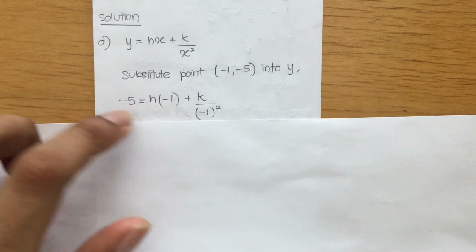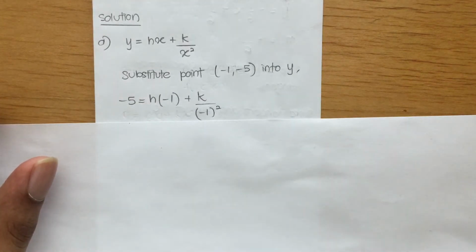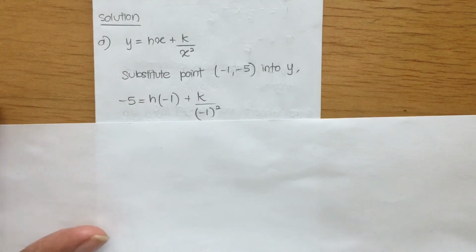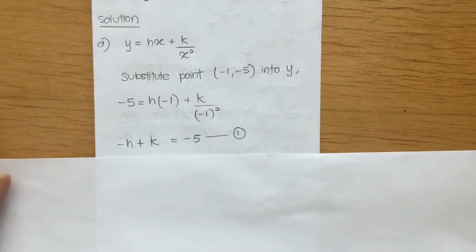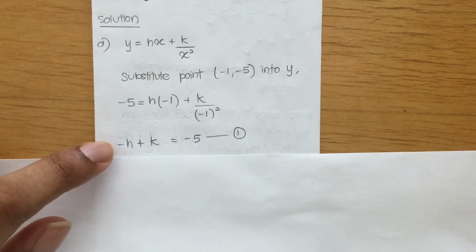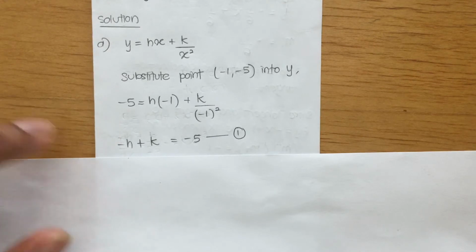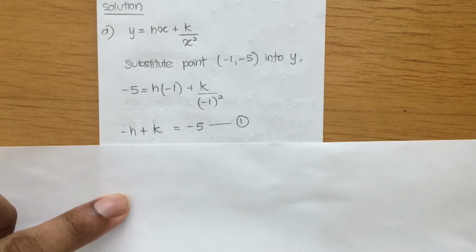So you get -5 equals -h plus k. So from here you get your first equation, -h plus k equals -5. Okay, proceed to the next step.